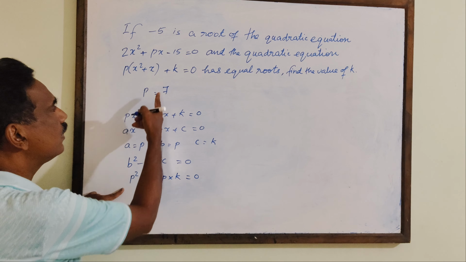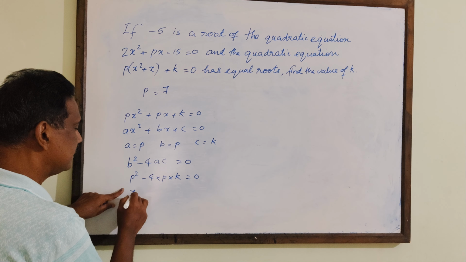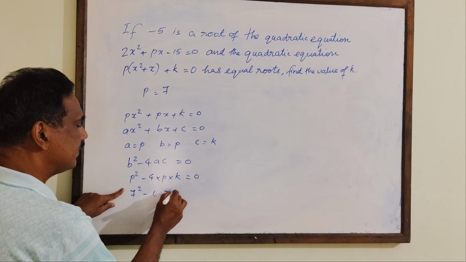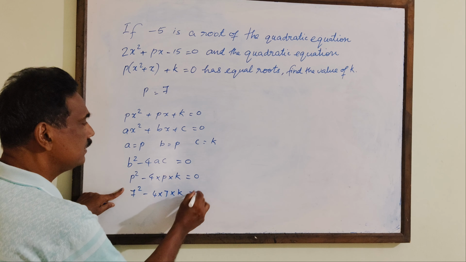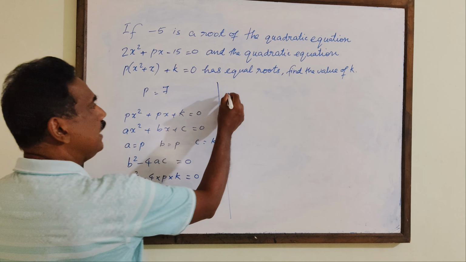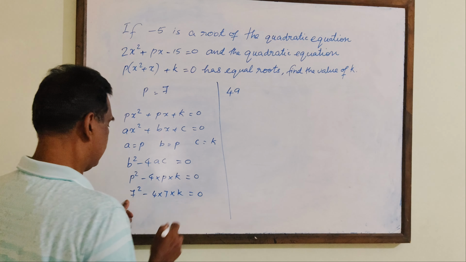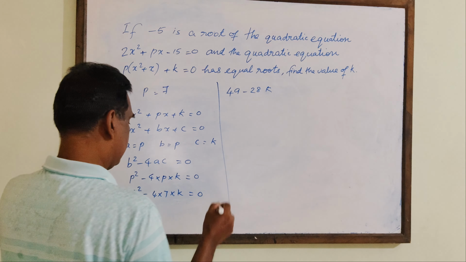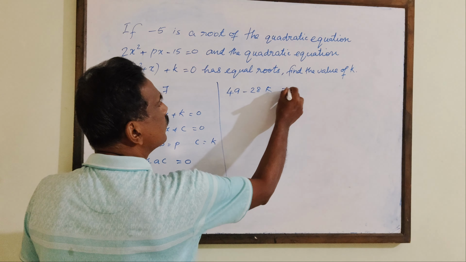Now we have already got p is equal to 7. So it is 7 square minus 4 into 7 into k equal to 0. Now 7 square is 49 minus 28k is equal to 0.